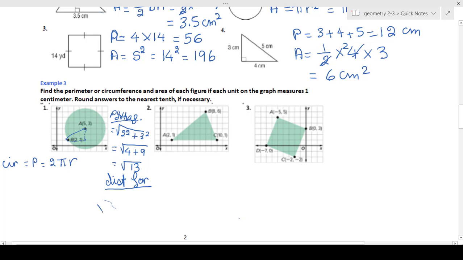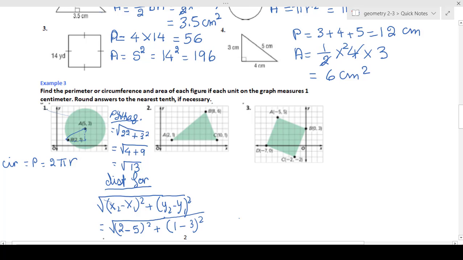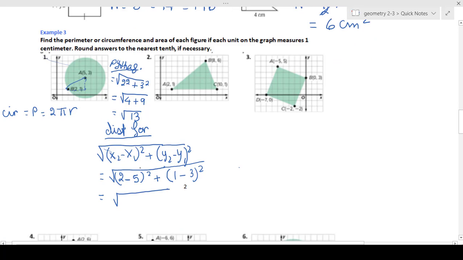The formula is equal to the square root of x2 minus x1 squared plus y2 minus y1 squared. And this in turn is equal to the square root of 3 squared, which is 9, plus 2 squared, which is 4, the square root of 13.